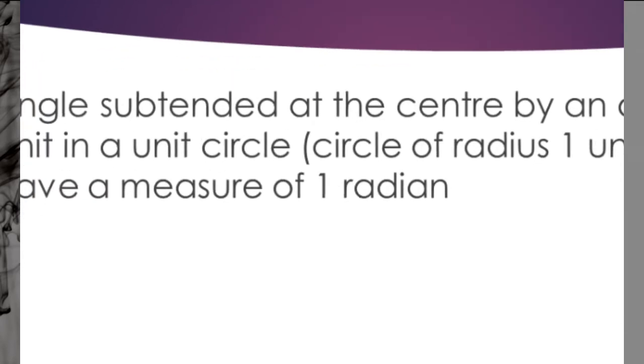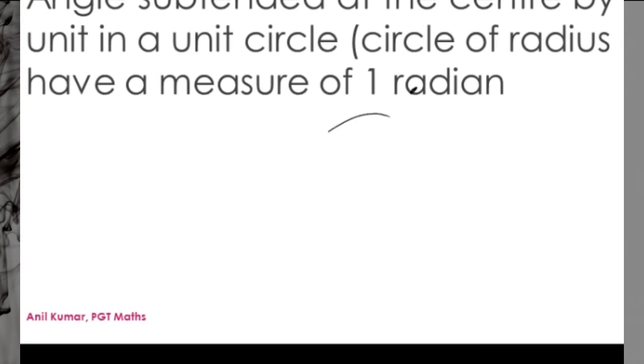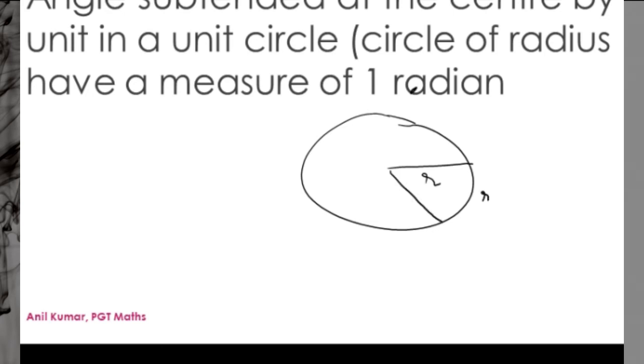Means whatever my radius, let it be r, then the arc length of r centimeter will subtend an angle of 1 radian. It is to be written as 1 and a small c there. So let's find out the relation between arc length and the radian measure.